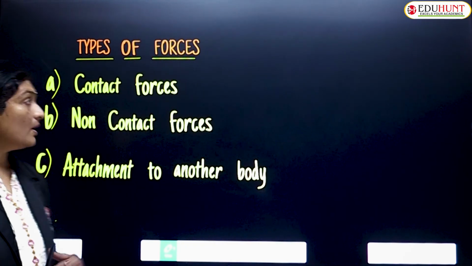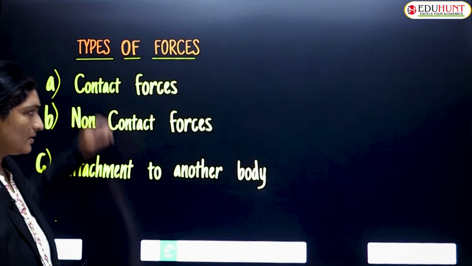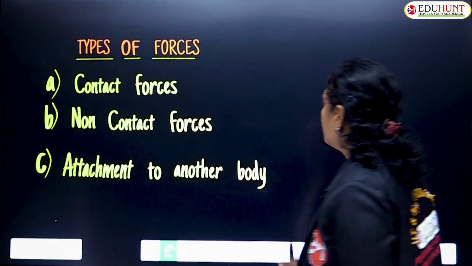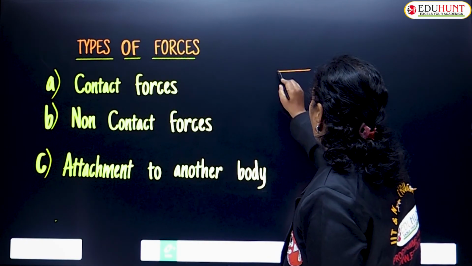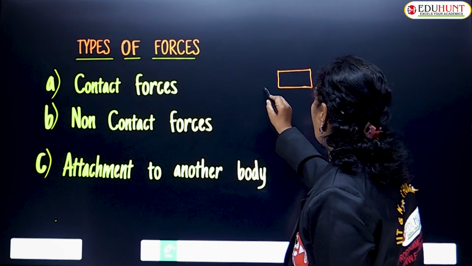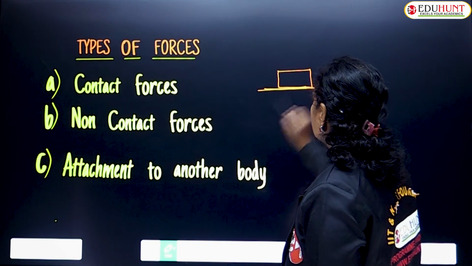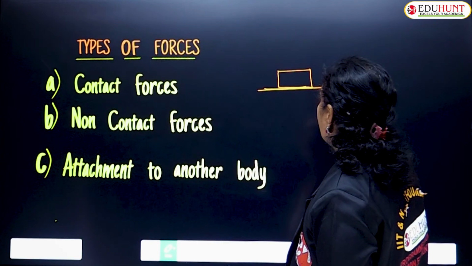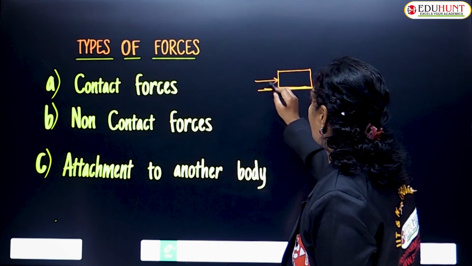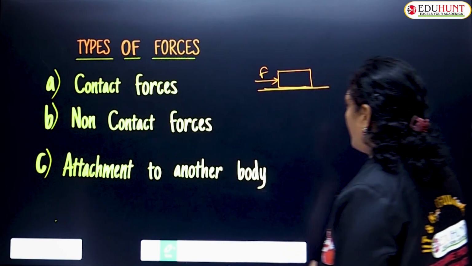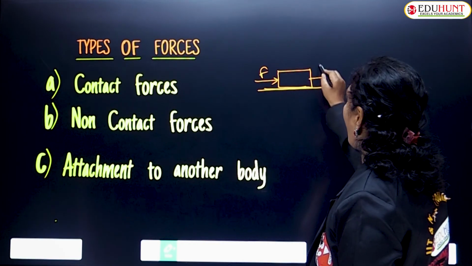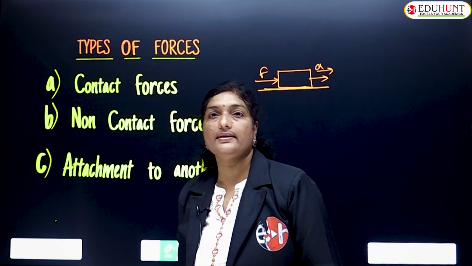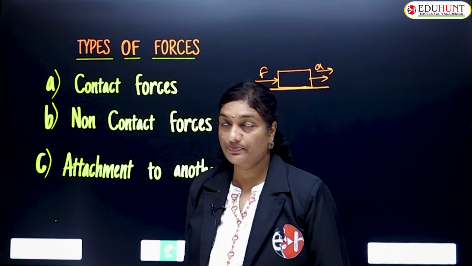In order to understand contact forces, we need to consider a small basic example. If you consider an object lying on some horizontal surface, and a force is applied on it directly, the body will be set into acceleration. The body starts moving. So this is an example of a contact force.